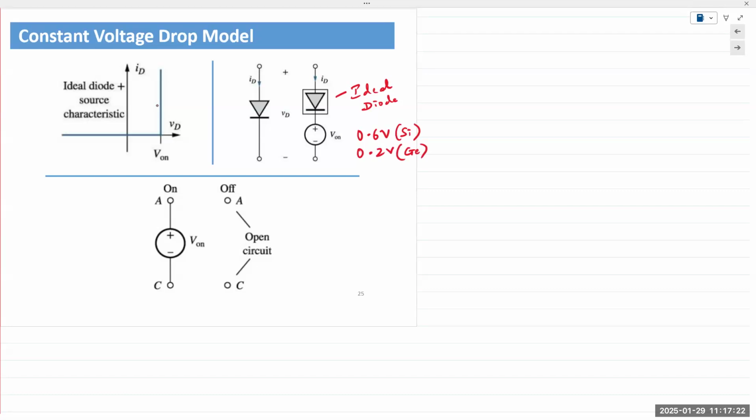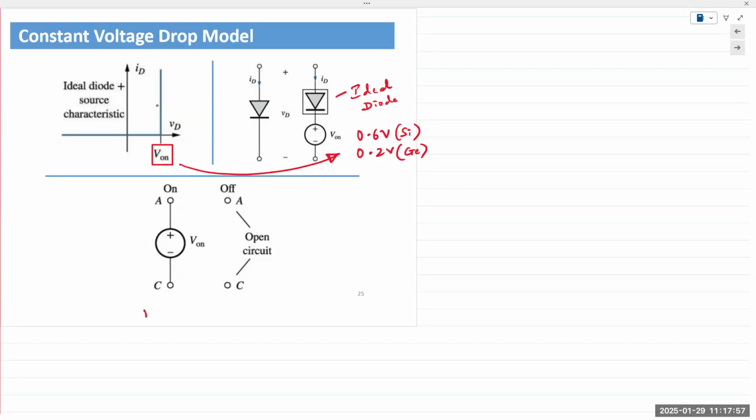And again, constant voltage drop means the voltage drop across the diode is going to remain constant, just a vertical line at 0.6. That is indicated right here on this characteristic at the top left. So V on would provide a constant voltage, hence we represent it as a voltage source because it's providing a constant voltage.